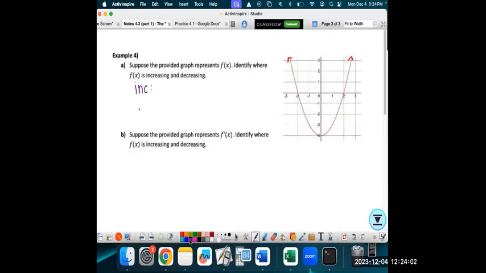So go ahead and write that up. All right, so my graph is increasing on the right side if this is f of x, and it would be decreasing on the left side. So it's increasing from this x value, which is 0, we don't include the turning point, to infinity, and it's decreasing from negative infinity to 0.